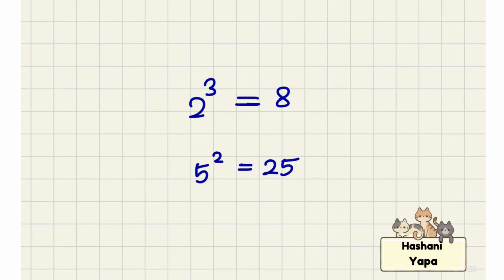You can see that there is one large number here, which is called the base, and one tiny number on top, which is called the power.